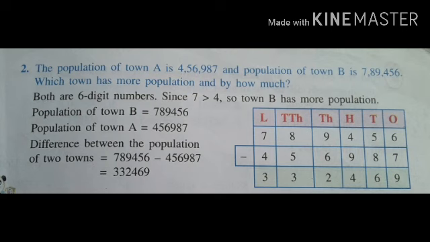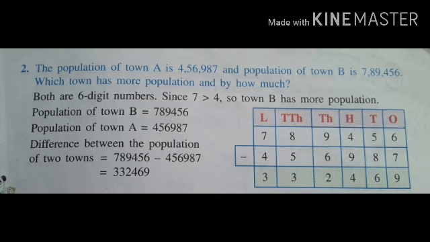Town A and town B both are 6-digit numbers. Town A has 4 in lakh place, town B has 7 in lakhs place. So here which number is greater? 7 lakh is greater. So town B has more population. Then population of town B is 7,89,456.